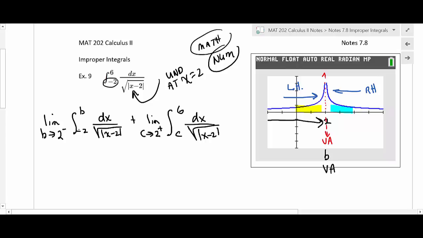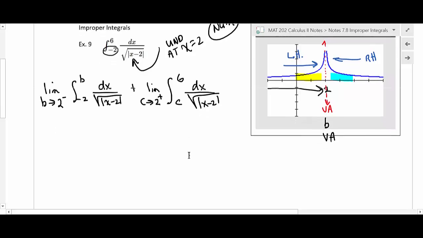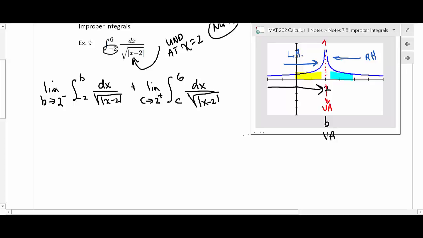Now we have to think about how we do this integral right here. When you have that absolute value, that affects things a little bit. You have to pay attention to this, because this doesn't show up very often in calculus.